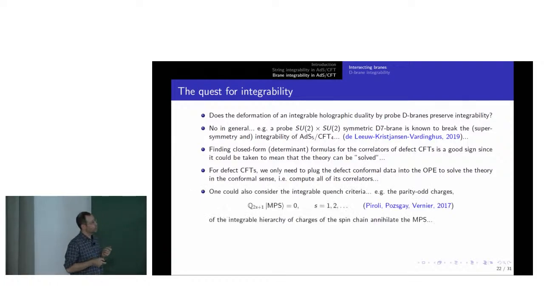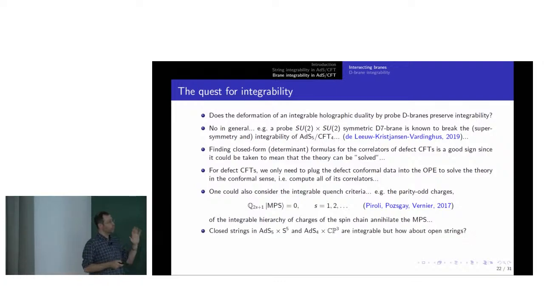But I want to say something about integrable quench criteria, which I briefly mentioned previously, which are formulated by means of the parity of charges of the spin chain of the theory, that is, the dilatation operator, etc. So if this annihilates the boundary state, then there is a nice criterion by Piroli, Pozsgay, and Vernier, which says that the quench, or the defect CFT seen as a quench, if we Wick rotate it, is integrable.